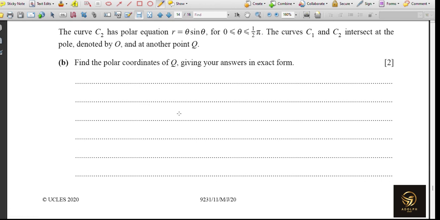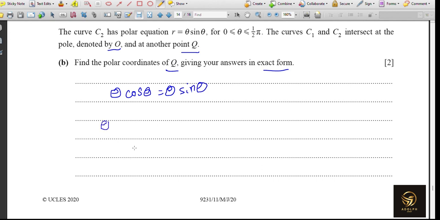The curve C2 has a polar equation r equal to theta sine theta for 0 to pi by 2. The curves C1 and C2 intersect at the pole and another point Q. Find the polar coordinates of Q, giving the exact form. So to find that intersection point, we can equate both the curves: theta cos theta equals theta sine theta.